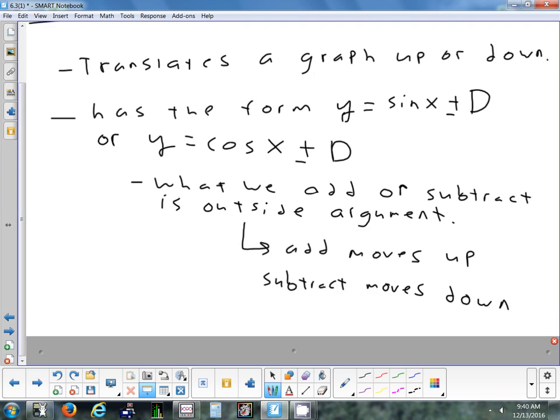Anytime you're doing horizontal stuff, do the opposite. Anytime you're doing vertical stuff, don't. And that's the same rule we've been doing all year. Okay, so add moves it up. Minus would shift it down.